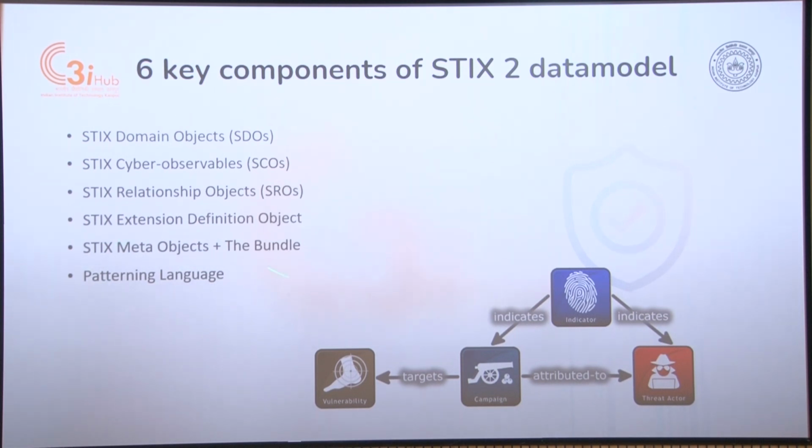The bundle is the top level object. And then there is a patterning language, like regular expression is a patterning language, but this is a little more than regular expression. So, these are the 6 components of the STIX 2.1 data model.